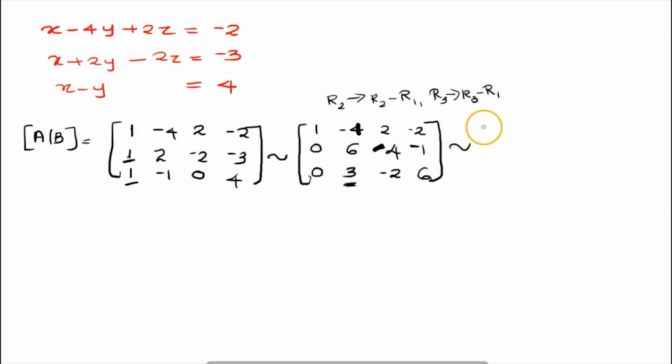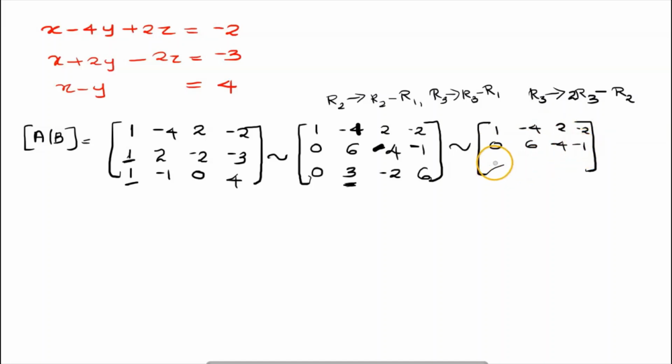Now we can make this 3 to 0 by using the operation R3 gives 2 R3 minus R2. That will make this 3 0. So R1 has no change. R2 also no change. R3 changes to 2 R3 minus R2. This is 0.